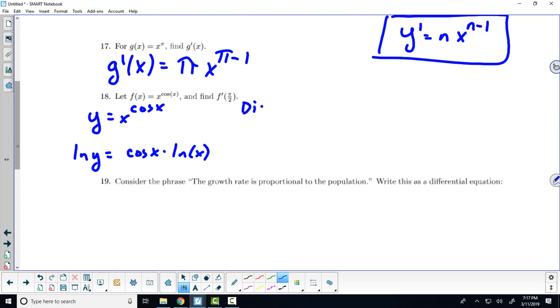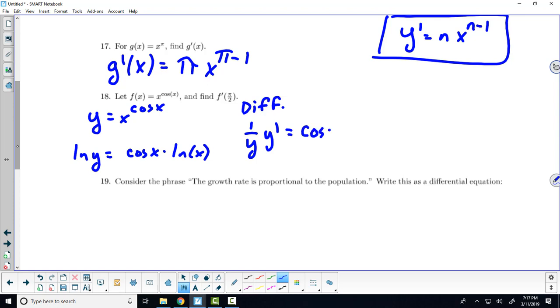Differentiating gives 1 over y times y prime. This is a kind of plug and chug procedure now. What do I have to do though here? What's that, Maria? Product. I've got to do a product rule here, right? So here we go.